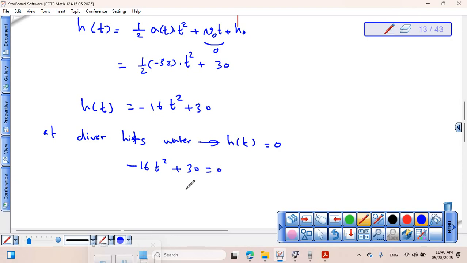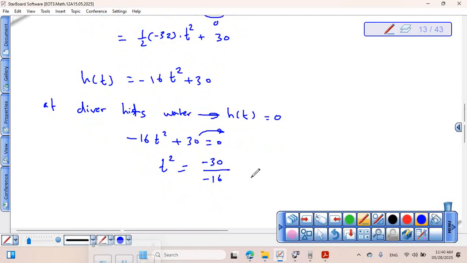So t squared equals negative 30 over negative 16, which is 15 over 8.